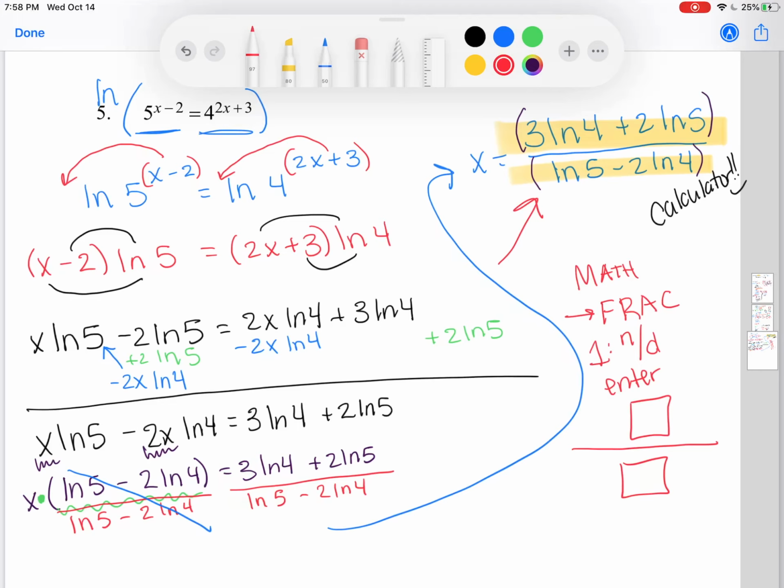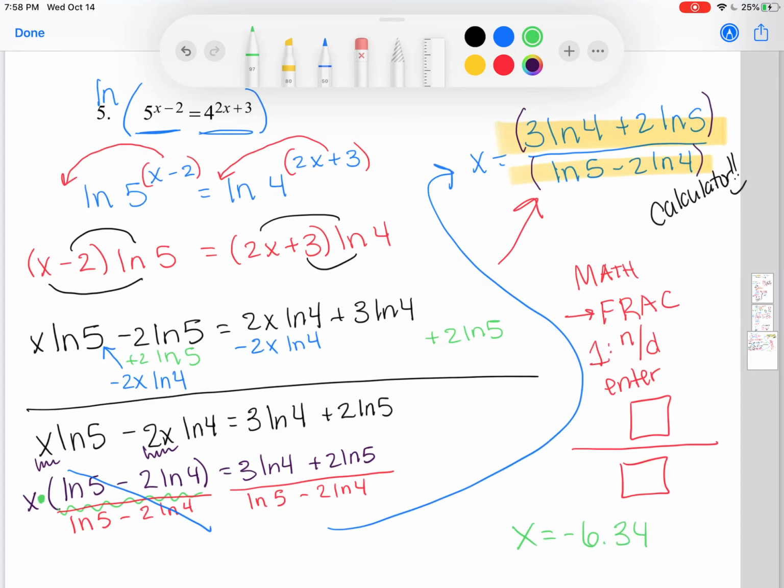When you do that, your calculator will give you 2 boxes separated by division. You can type in the exact fraction that we were working with so that you don't have to mess with the parentheses and getting something messed up there. Okay, so in your calculator, type in your numerator, type in your denominator, and you will get a decimal out.